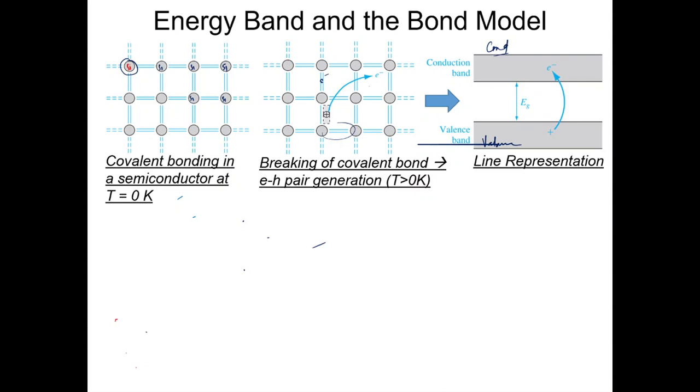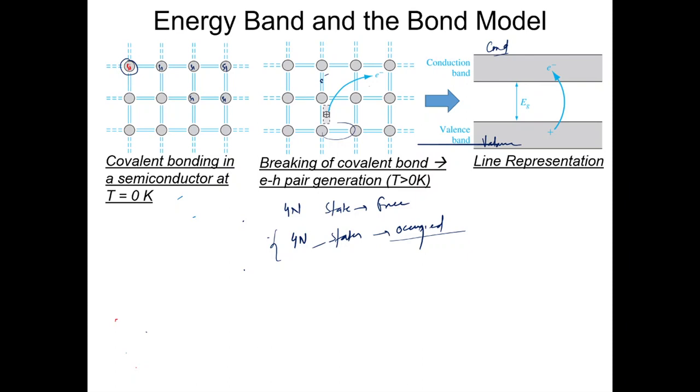In case of silicon, the last time I told you that there are 4n states which are available, states which are free for each atom, and 4n states are occupied for each silicon atom. Now these 4n occupied states also consist of these 4n electrons.